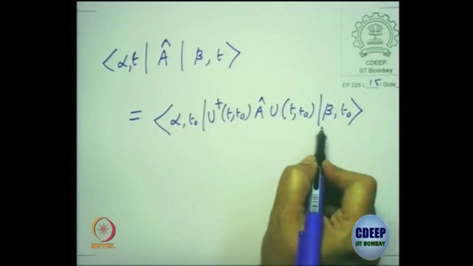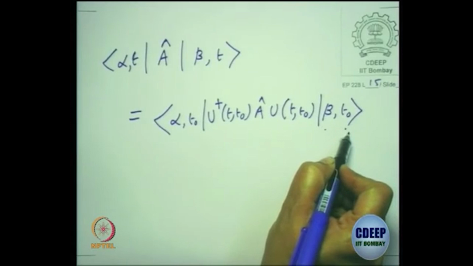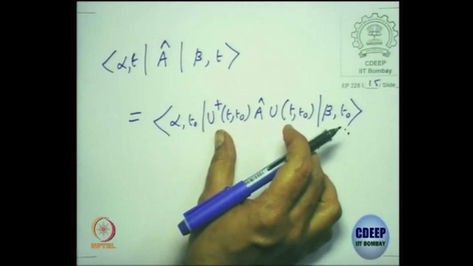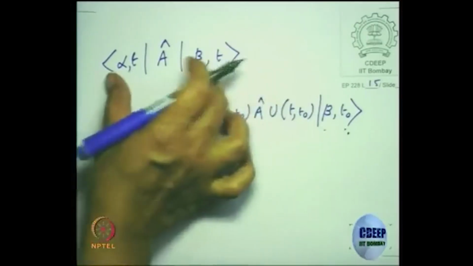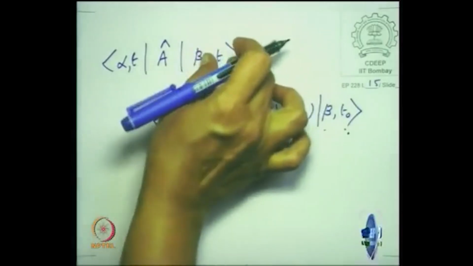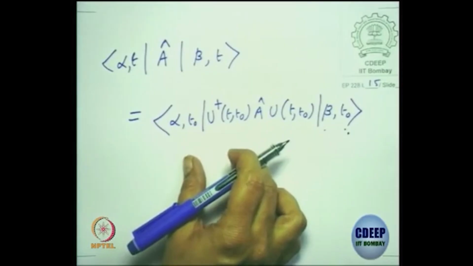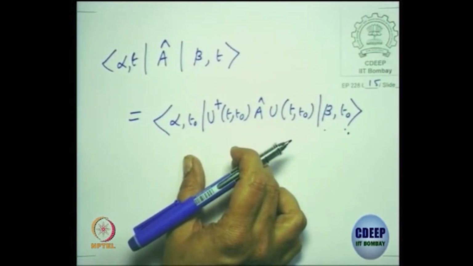You can try to freeze the state, change the operator, and make sure that the matrix element, whether I work with the state evolved or the operator evolved with the state fixed, is the same.